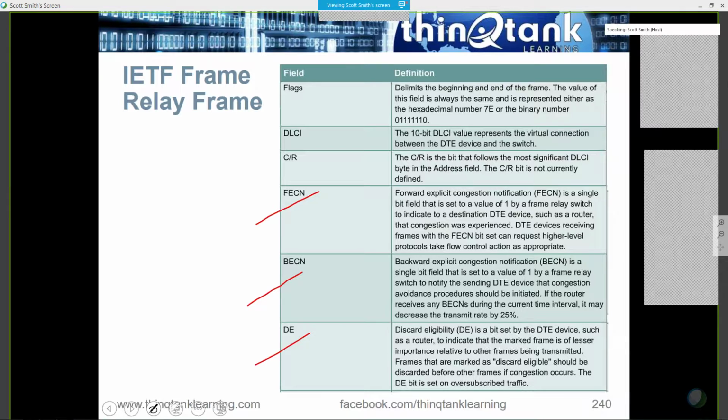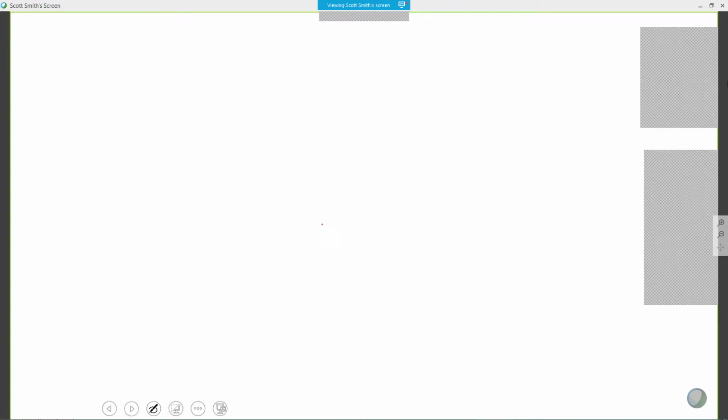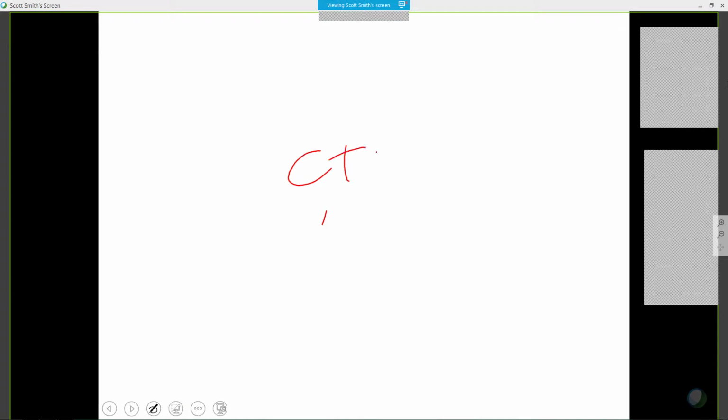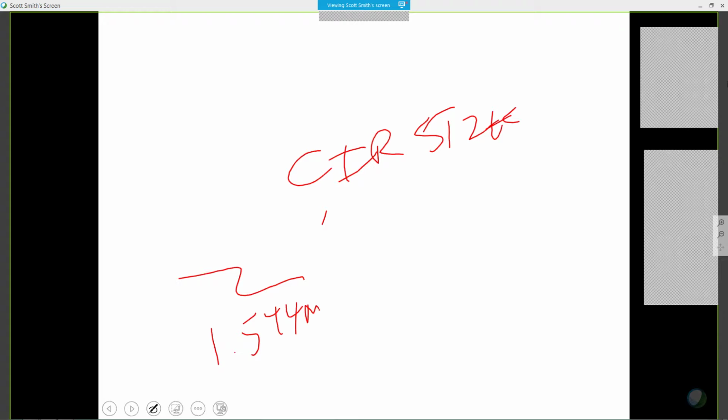Discard eligible. This is how the service provider manages their network. You have a CIR of 512K. You are guaranteed 512K. But how fast is a T1 line? 1.544 meg. So you can actually exceed that CIR. You can double it, which is allowed. You're going to pay for that, but it's allowed.